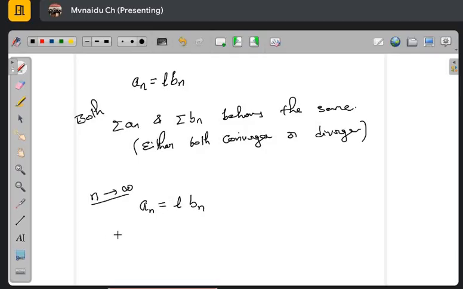This implies that an over bn must be equal to L as n goes to infinity. The same expression we can write like this: limit n goes to infinity, an over bn must be equal to L. And this L must be non-zero, because if it is zero, it doesn't make sense. So I'm taking L to be non-zero, of course.